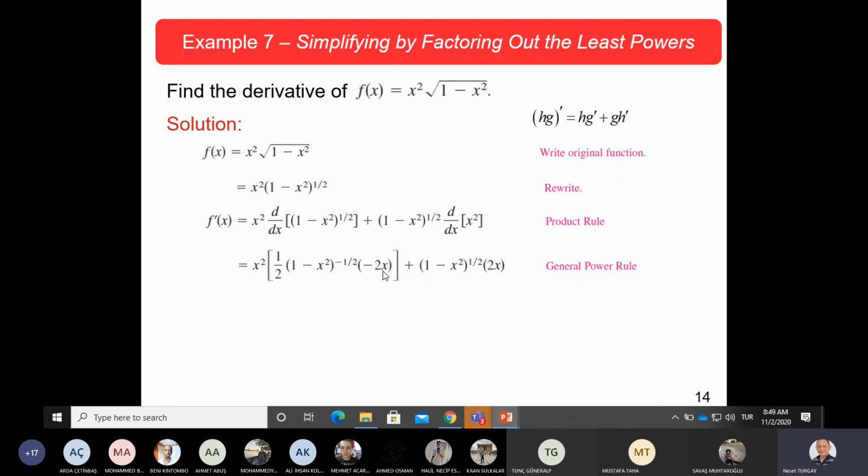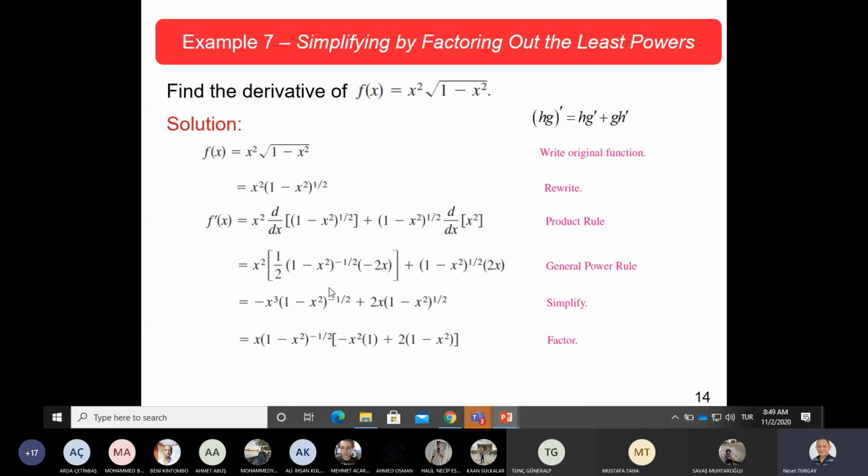Minus 2x. So with this we calculate the derivative of this guy with chain rule. Then we keep on with this. So I just keep writing this as it is, times the derivative of this, 2x.